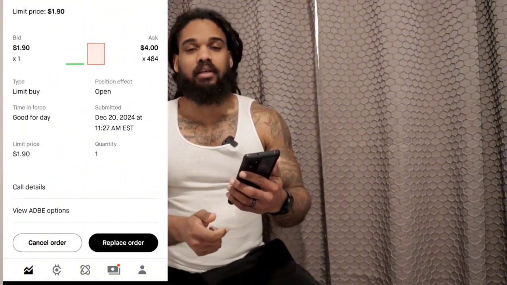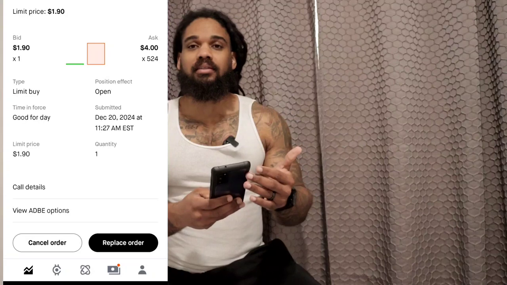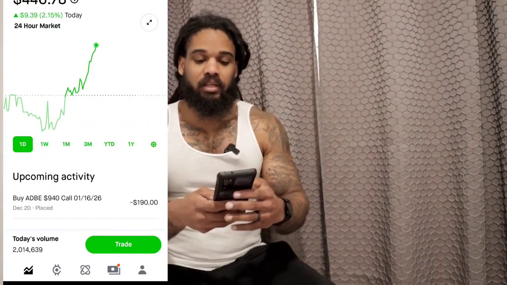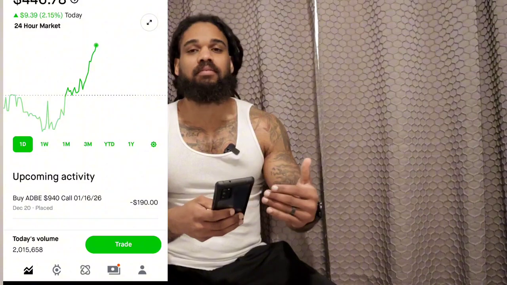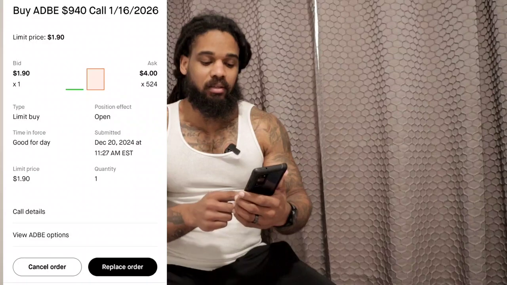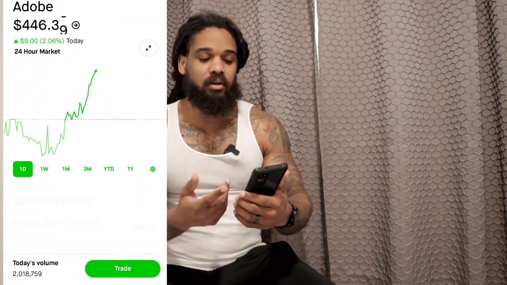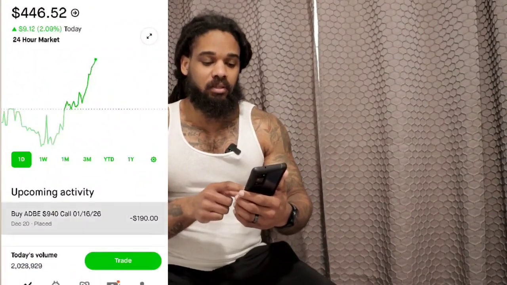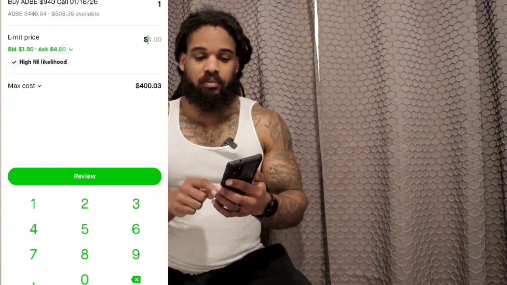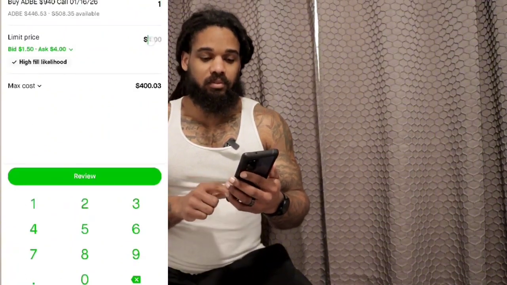Now I didn't get filled, but I could wait and see if I could get filled at this position. I'm not trying to hit the mid price right now. I'm just trying to see if I could get a number below the mid price, instead of paying the mid price or the full ask price. So let's see if 200 works.